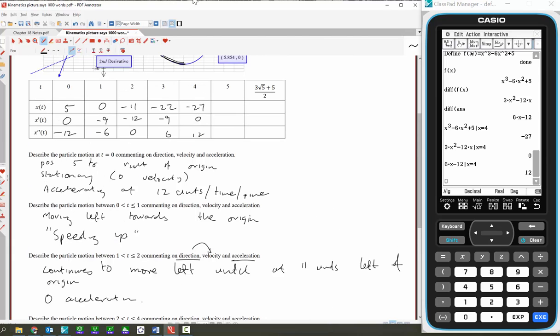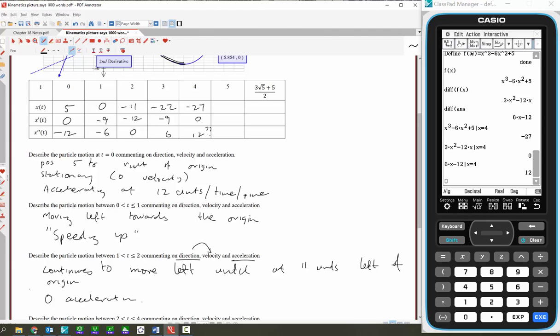These opposing signs suggest that the particle's slowing down at time equals 3 until we change direction, and changing direction means we've got a 0 velocity. Note that we now have a positive acceleration, and students will ask, how can you have 0 velocity and an acceleration? I'll go on to explain that to you.